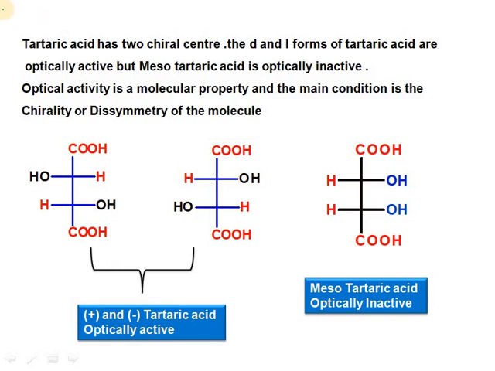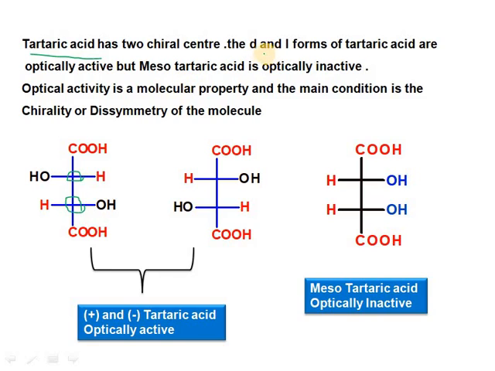Now we see another example, tartaric acid. Tartaric acid has two chiral centers: this is the first chiral center and this is the second. Therefore four isomers are possible.